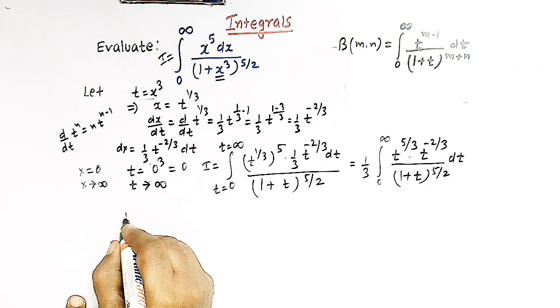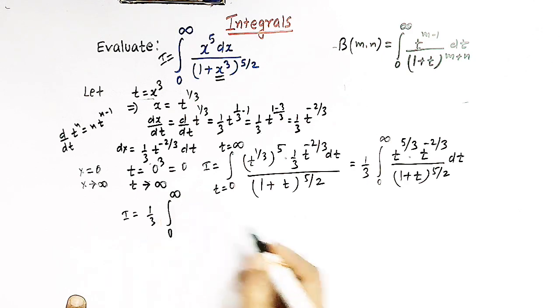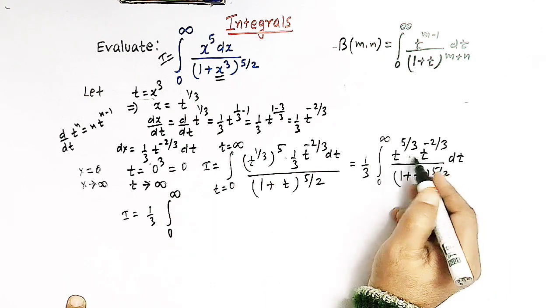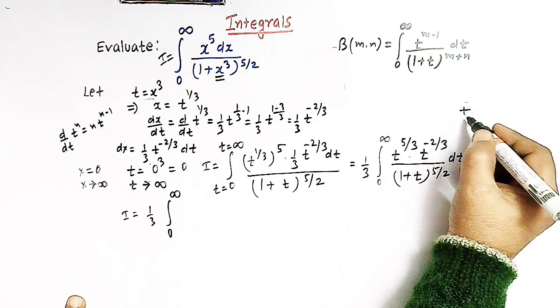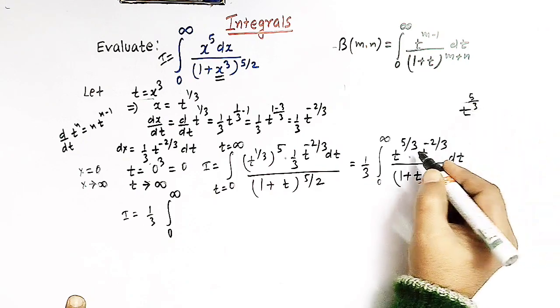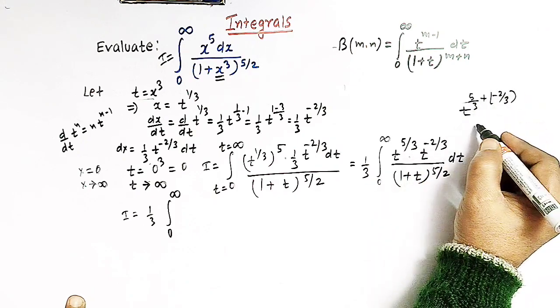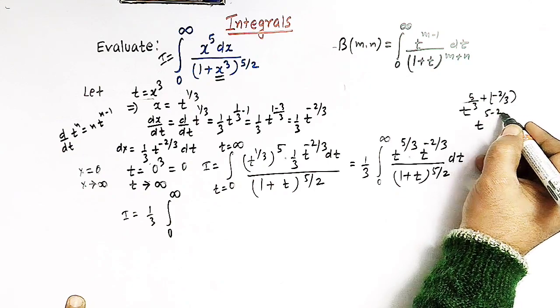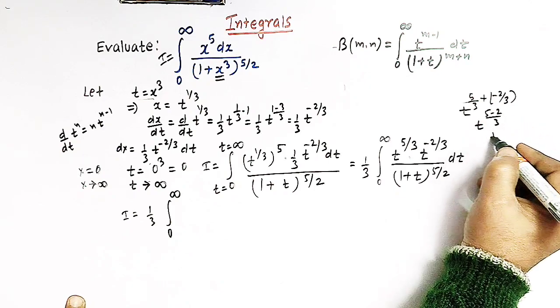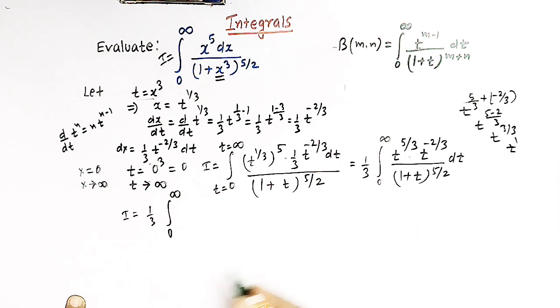So now we can write I is equal to 1 over 3, 0 to infinity, and here we can apply the laws of exponents. So here the base is same, so we can add the powers. So we have 5 over 3 plus minus 2 over 3, that is 5 minus 2 over 3, that is 3 over 3, and that is t raised to 1, right?